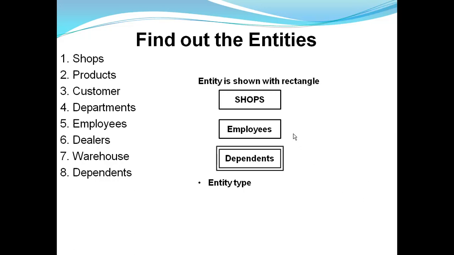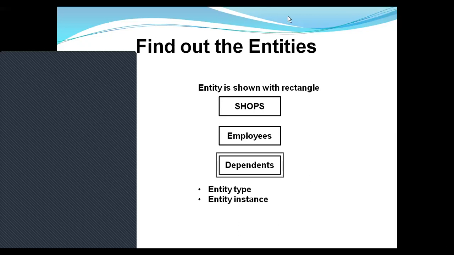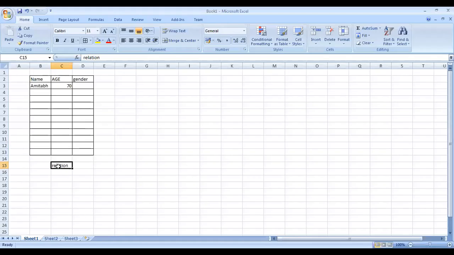Then we have an entity instance. Now what is an entity instance? The word is different, but it is very simple. Look at this. Can we call this actors as an entity? And this Amitabh will be an entity instance.